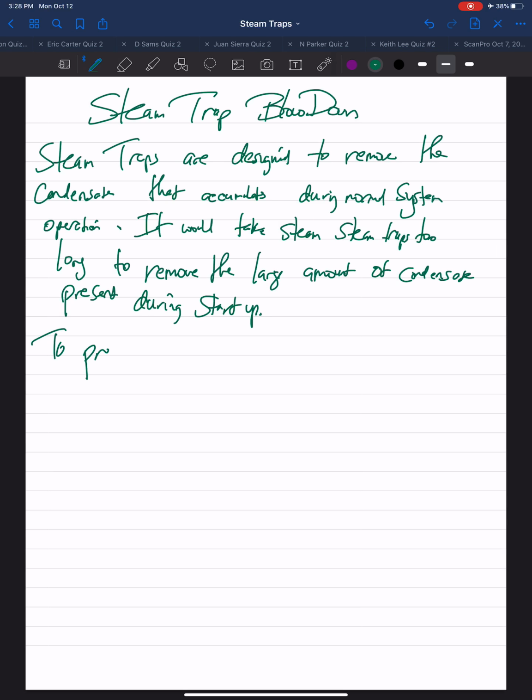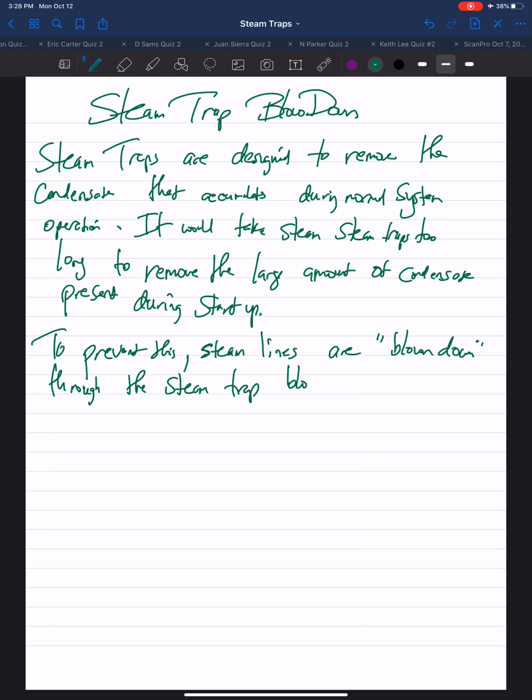To prevent this, steam lines are blown down through the steam trap blowdown valves or bypass valves during startup.